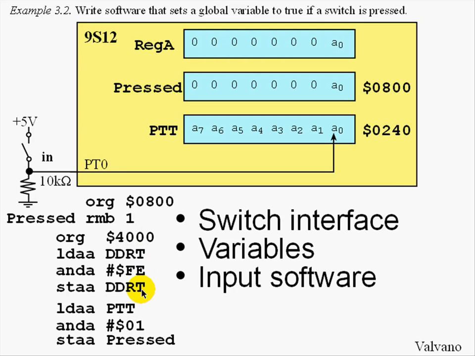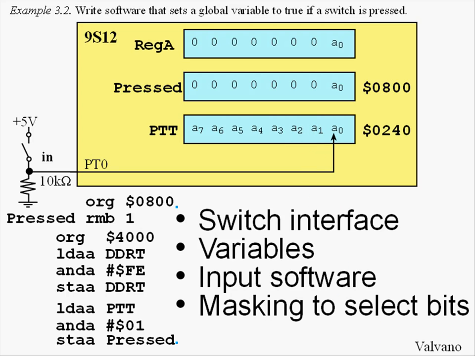To create an input device, we had to clear the corresponding bit in the data direction register, shown here in the initialization as a load and store. To read the value of the bit at some time later in the program, all we had to do was load A with the address PTT, and that brought in the value that existed at the time of that execution into port T called PTT.